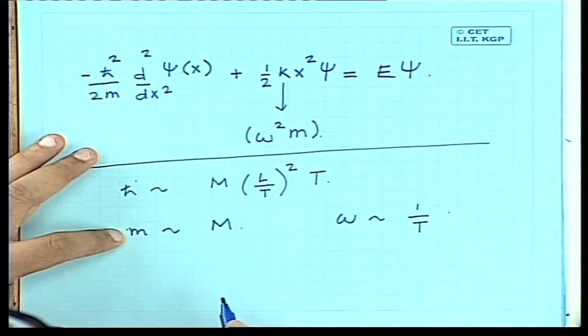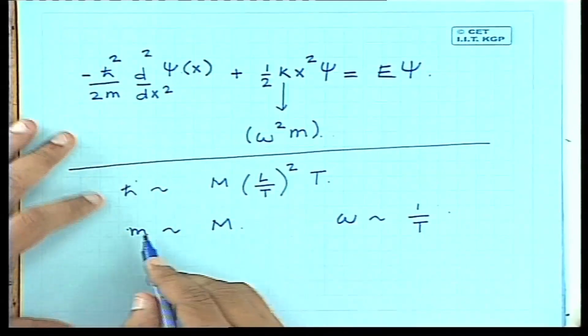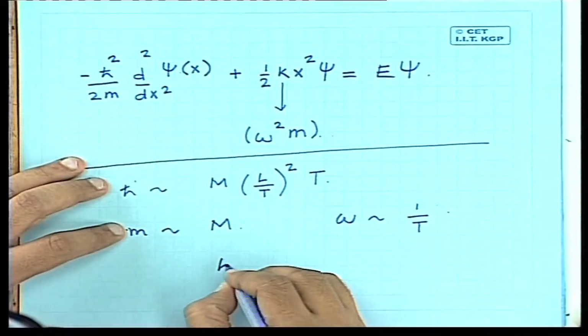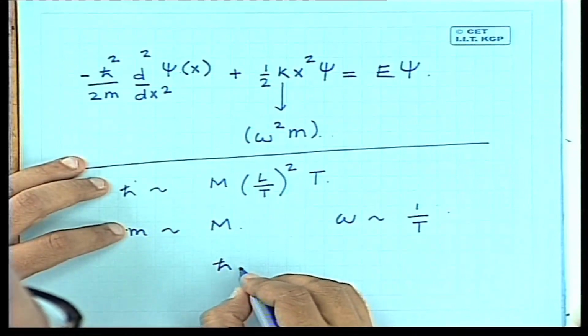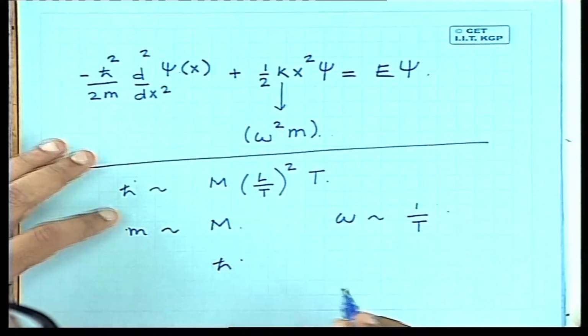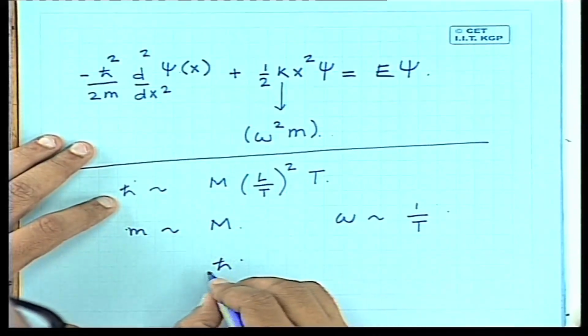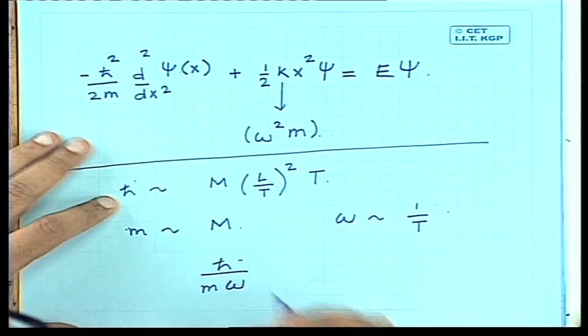So how do we go about doing that? Let us see. We have to take h cross, and then omega, m omega by h cross, h cross by m omega.